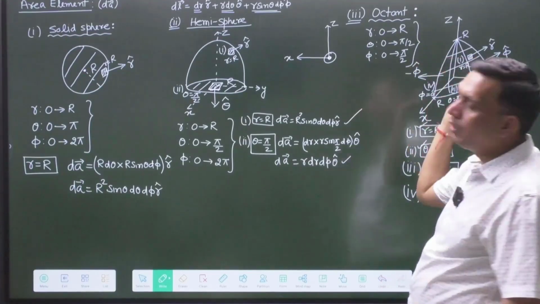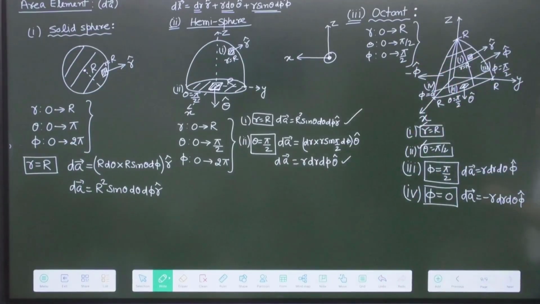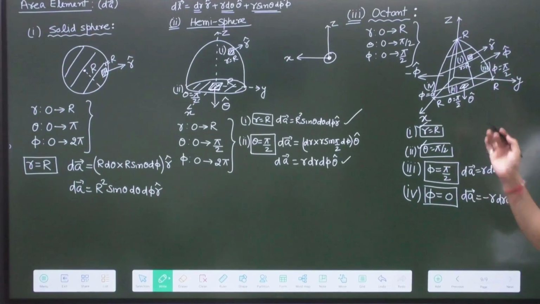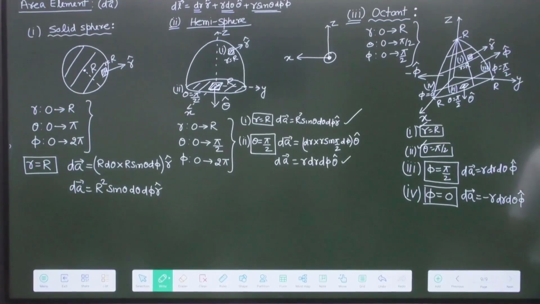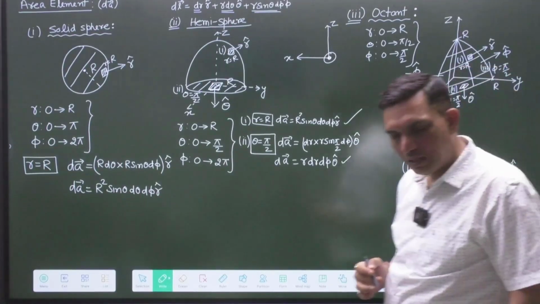So again, it's a part of a sphere, so you can specify r, theta, phi, and on each surface you can write the area element. ठीक है?